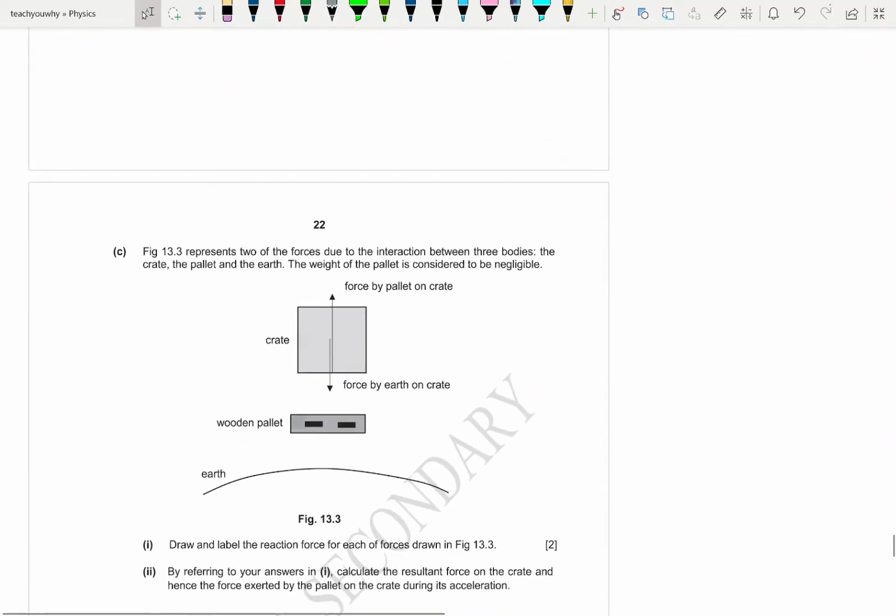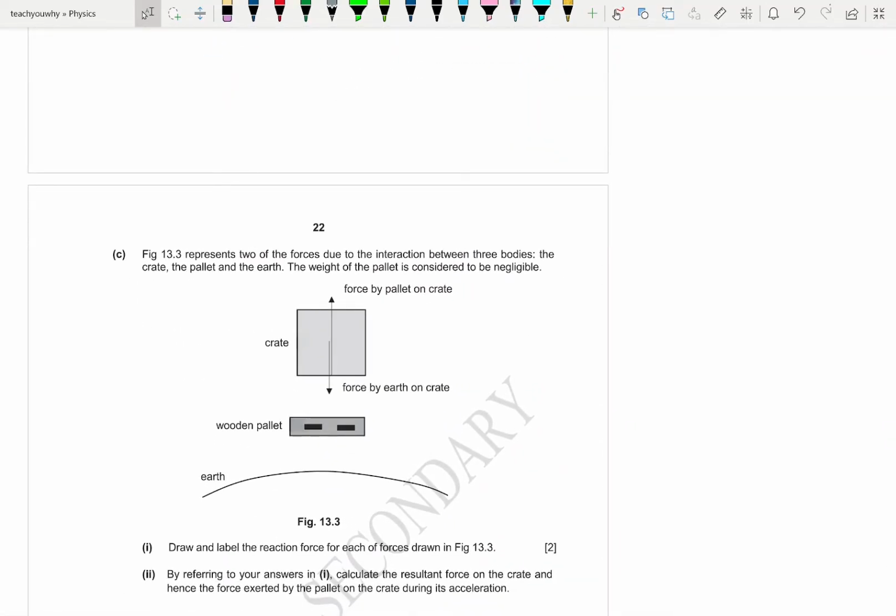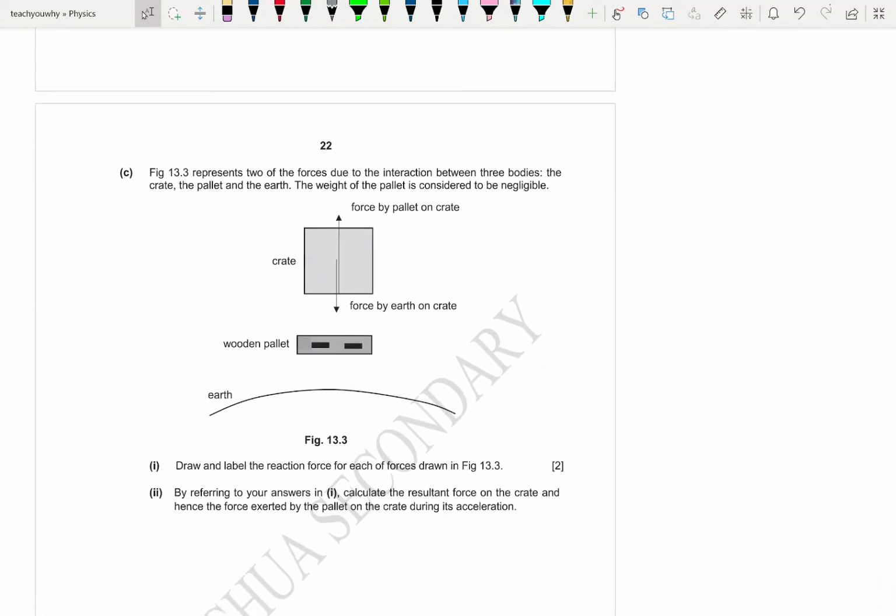Okay, so figure 13.3 represents two of the forces due to the interaction between three bodies: the crate, the pallet, and the earth. The weight of the pallet is considered negligible. Draw and label the reaction force for each of the forces drawn in figure 13.3. In this case, I'll help you guys. The red one is the weight.